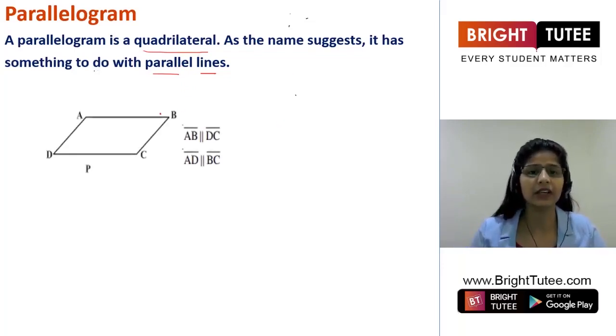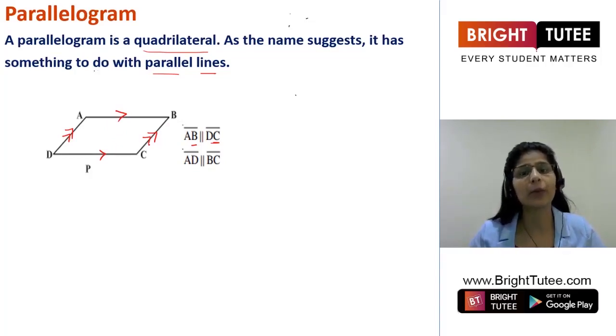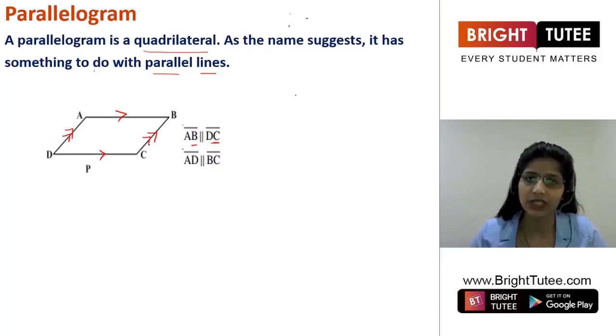Just to see this figure, ABCD here is a parallelogram, and it is shown that AB is parallel to DC. That means this side is parallel to this side, and AD, this side, is parallel to this side BC. Right? That means we see the property of a parallelogram: the pair of opposite sides are parallel to each other.